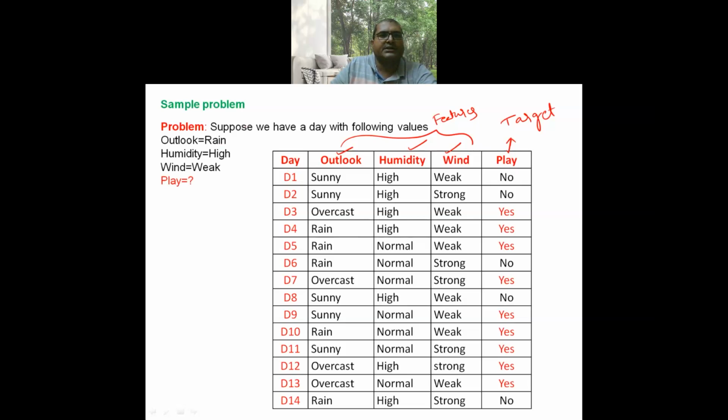In this problem, we have to predict the play percentage when the outlook is rain, humidity is high, wind is weak. For this problem, we need to determine the play percentage. For that, you need to follow the three steps we discussed in the earlier PPT. The first is we need to prepare the frequency table. The next is probability of frequency tables. And the last step is calculating posterior probability based on Bayes theorem.